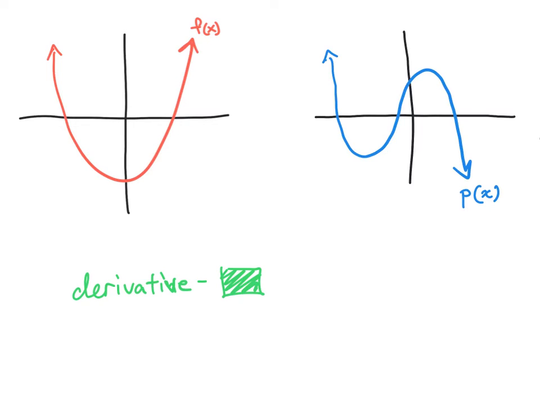The first thing I want to do, especially with this first example, f of x on the left, is find out where the critical values are. And the critical values, again, are where the function has a tangent line with a slope of 0, or where the original function is going to be undefined. And wherever these critical values are, that's going to be a 0 on the x-axis for the derivative.